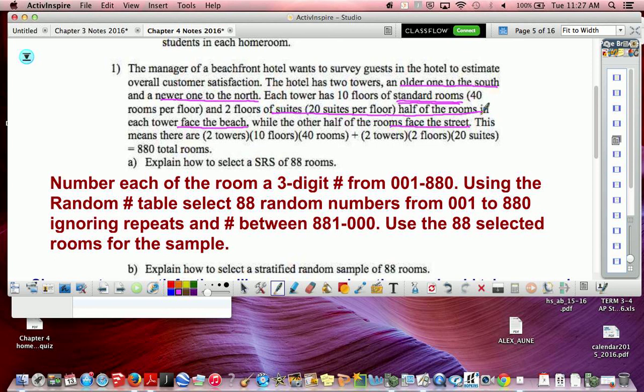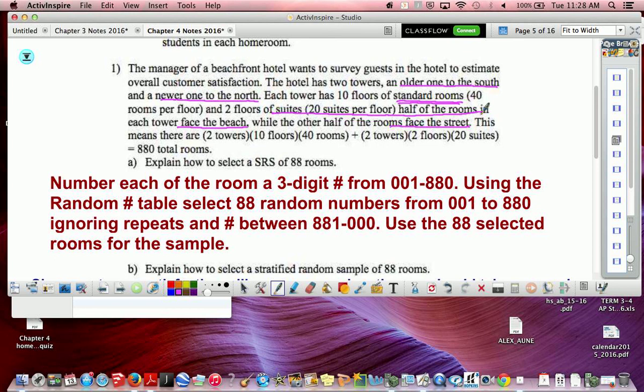Wow, there's a lot of different types of rooms going on here. So when I stratify, I want to make sure that when I pick my sample, it's representative, or it's within proportion to the number of types of rooms that I have each.